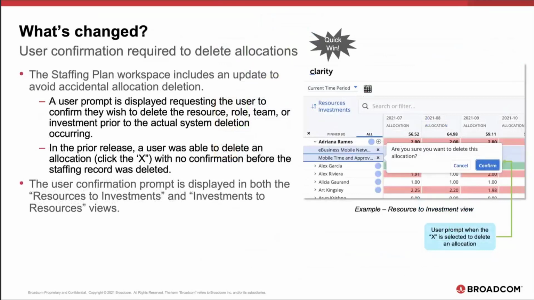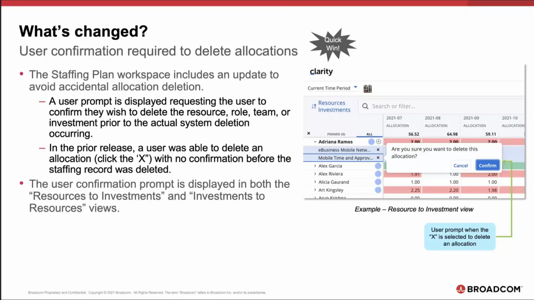Last, the staffing plan workspace includes an update to avoid accidental allocation deletions. Despite documented warnings, we have issues with users deleting resource or role on investments and deleting those allocations in the staffing plan when they click that X, right? In the prior release, a user could simply click the X and delete that allocation with no confirmation before the staffing record was deleted.